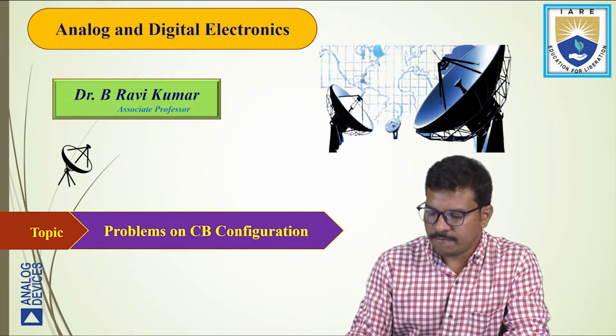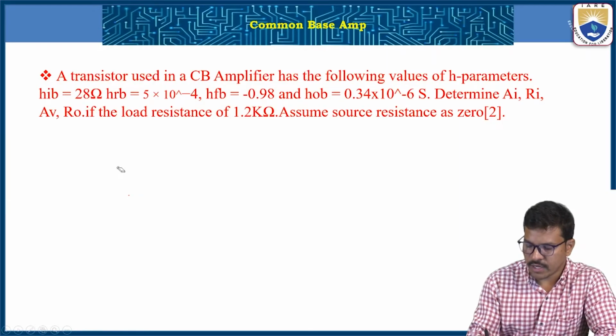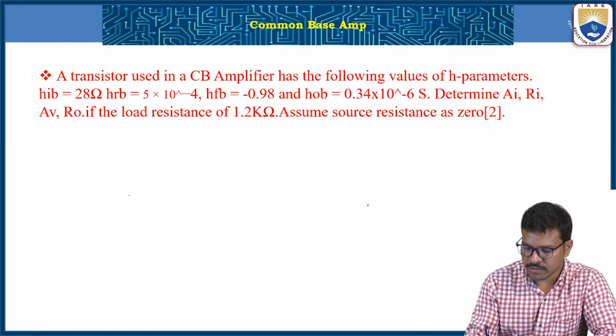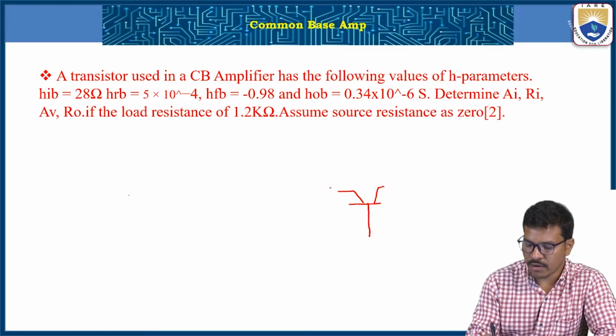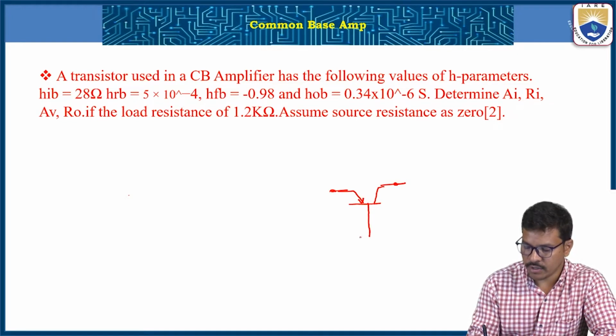We know that in the circuit diagram for common base configuration, basically base is common and emitter is input and the collector is output.